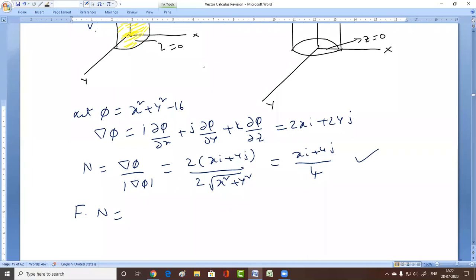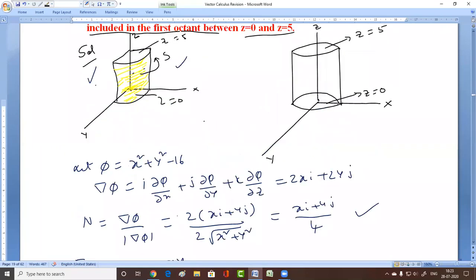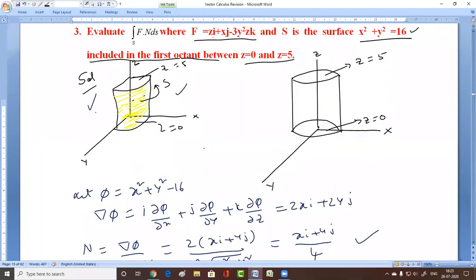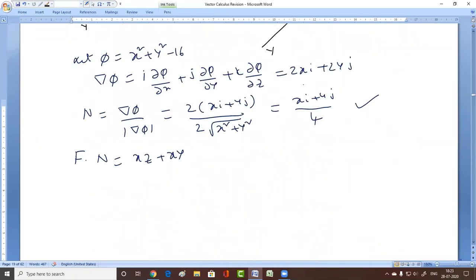First multiply the i coefficients, xz, then the j coefficients, plus xy. Just observe: here multiplying with x, here multiplying with y. Now x is the common term, so no problem: x times (y plus z). Now this is the second step. First we find the unit normal. Second is find F dot n.